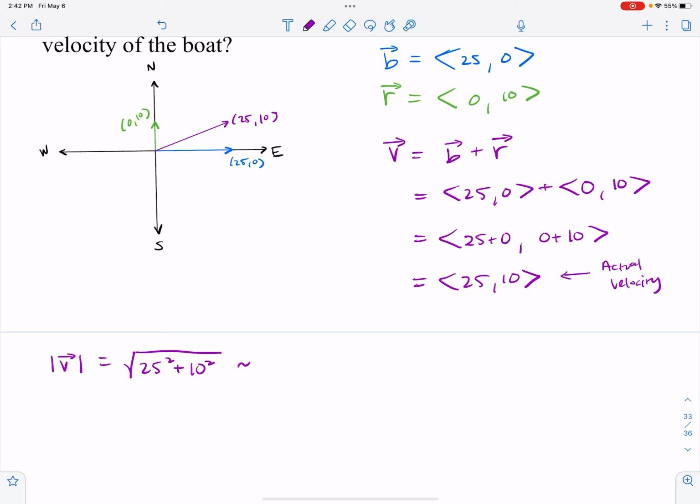If we pop that into our calculator, it ends up being approximately 26.926 miles per hour, or let's just say approximately 27 miles per hour.